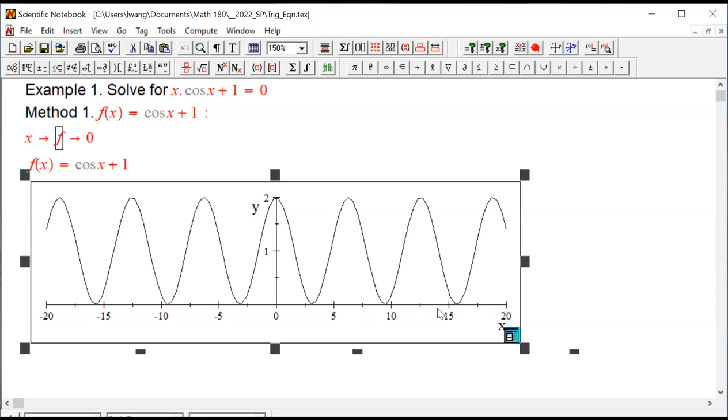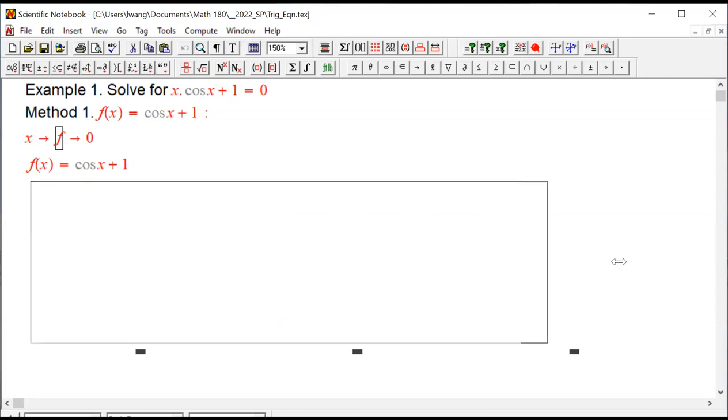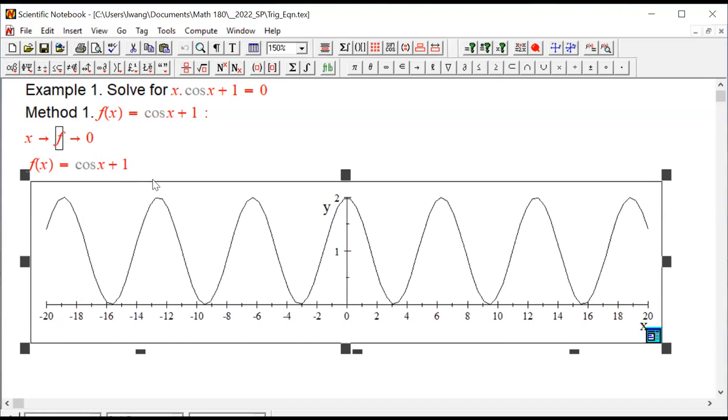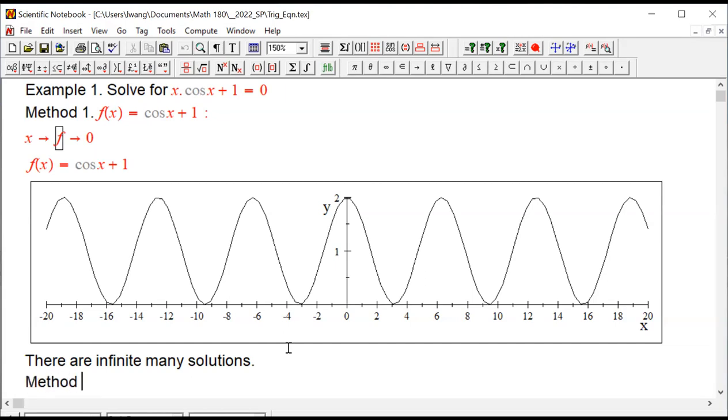So with the function method and the graph, we can tell there are infinitely many solutions. It's a little bit hard to identify them, therefore, we're going to resort to method 2, which is the algebraic method.